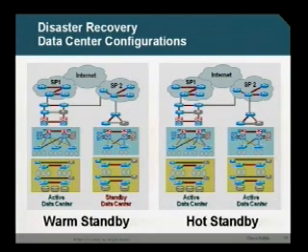Hot standby is active-active, so both the data centers are servicing requests. It could be that we are servicing the same application from both the sites, or we are servicing different applications from both the sites. So you have application 1 active on data center 1, application 2 active on data center 2, but you're utilizing both the data centers' resources.